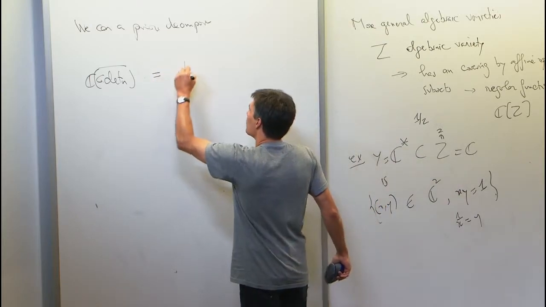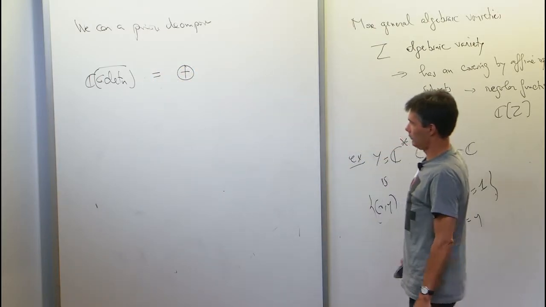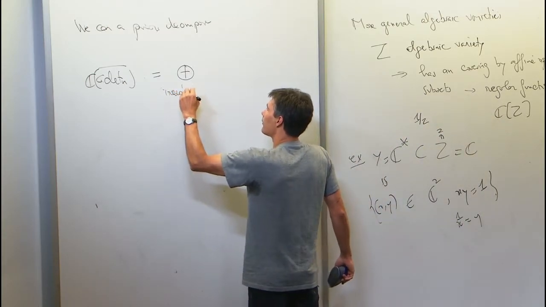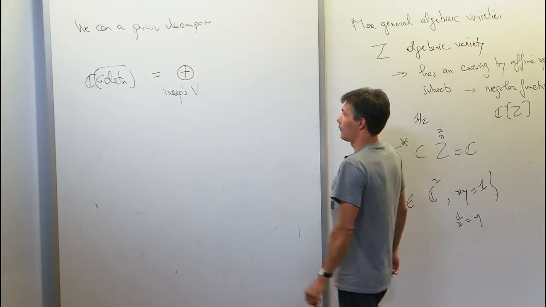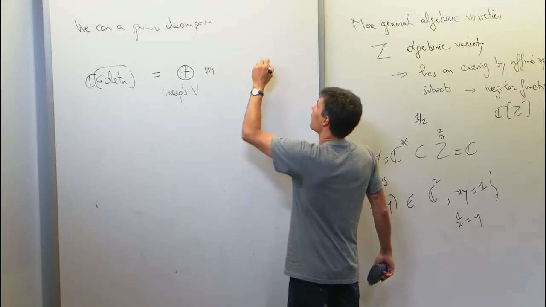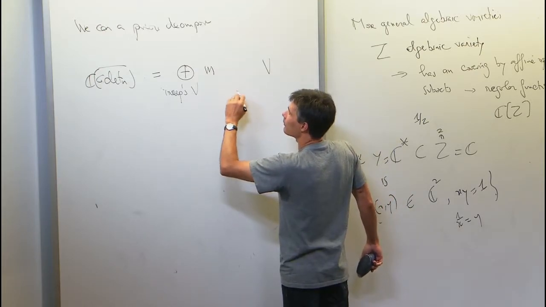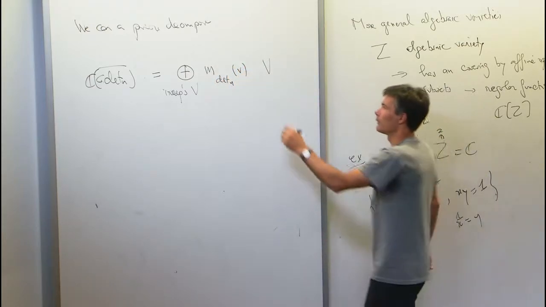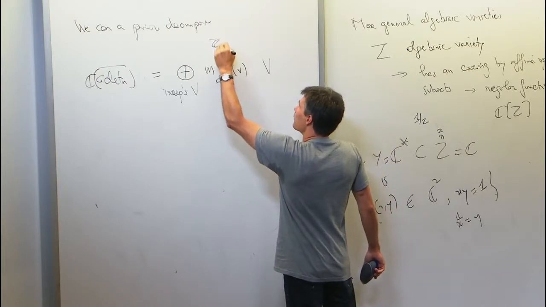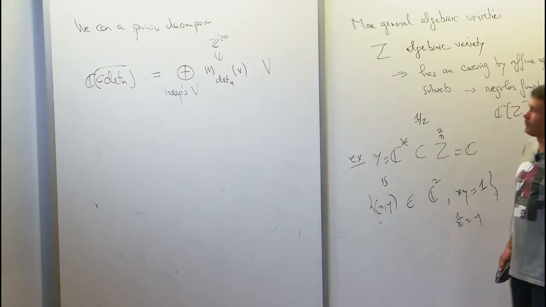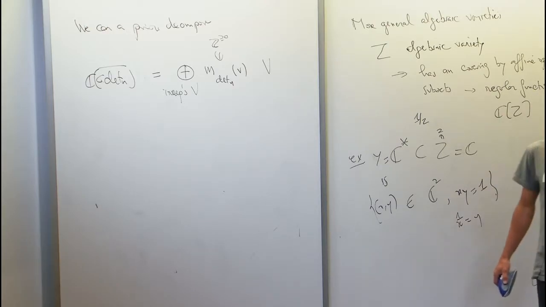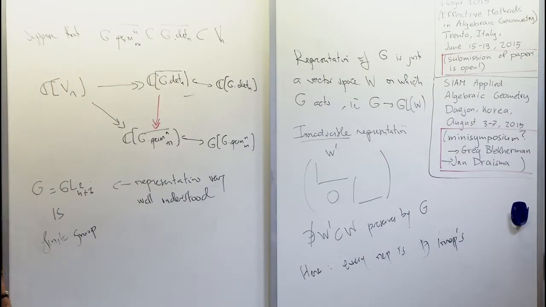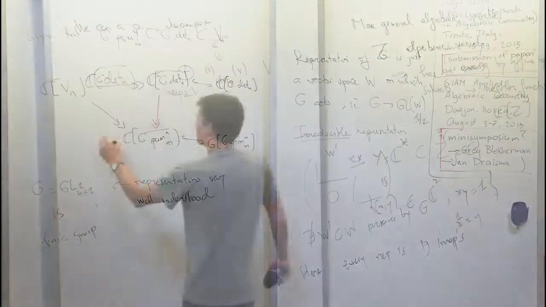So we have a decomposition: a sum over all the irreducible representations V, with some multiplicity, a non-negative integer. We have this, and the same for the orbit closure of the padded permanent. A priori, we have some decomposition.